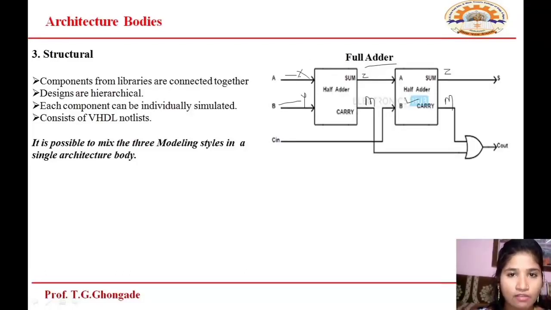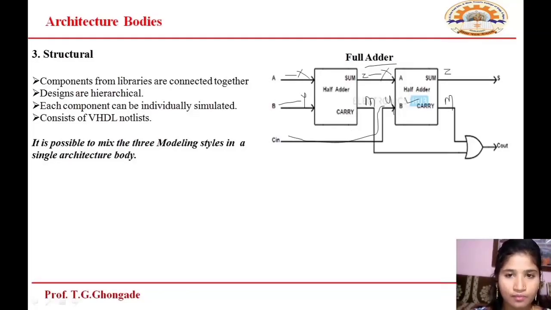Okay, so first I will map my X to A and Y to B. Then I will map the second X to Z, or sum, of the first half adder. Then I will map Y to carry in. Okay, first X and Y to A and B, second X to Z and second Y to carry in.